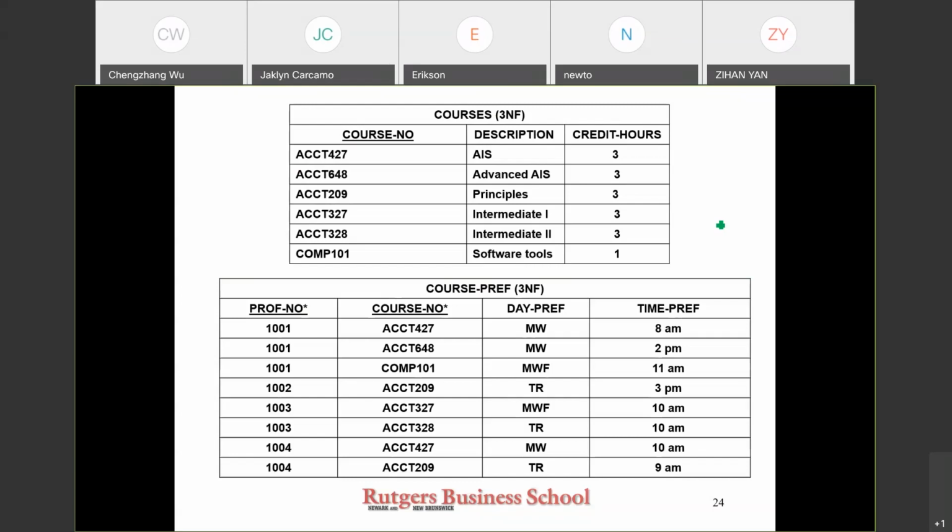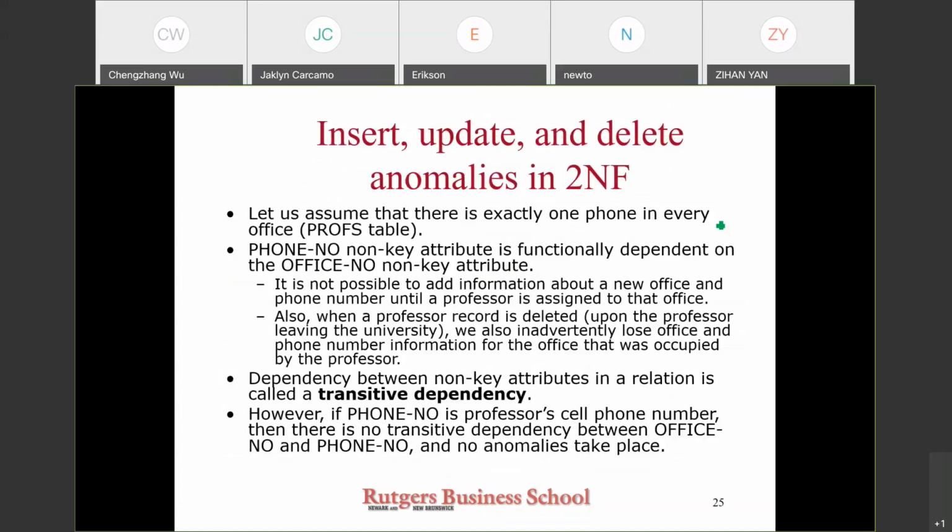But you may encounter an existing database design in which you may be called upon to ensure that the tables are in second and third normal form. So let's take a look at the data anomalies in a second normal form table.